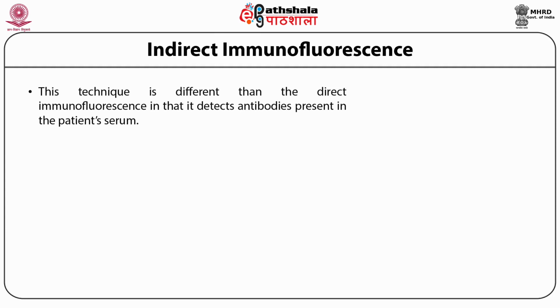This technique is different from the direct immunofluorescence in that it detects the antibodies which are present in the patient's serum. This antibody is then raised in mouse and antigens on smear are allowed to react with these specific unlabeled antibodies.